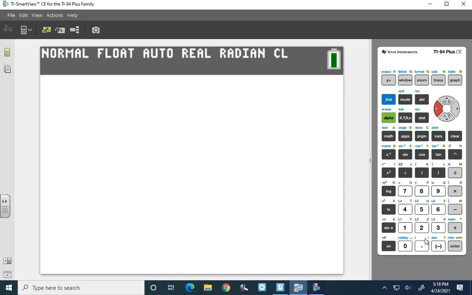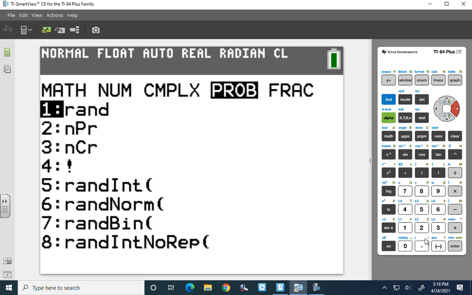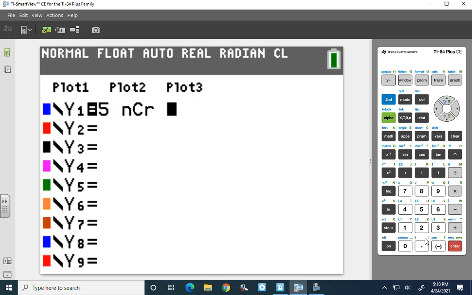All right, so go to your y equals menu, and let's put in our equation, the same equation we just wrote down, p of x. It's 5 choose x, so 5, and then go to your math menu, and you can grab the combination function, 5 choose x. I'm going to put that in parentheses here, actually.